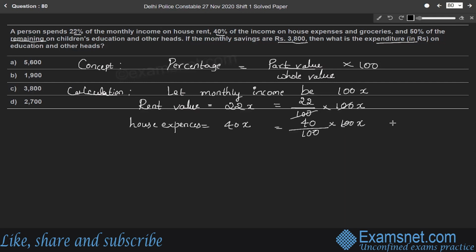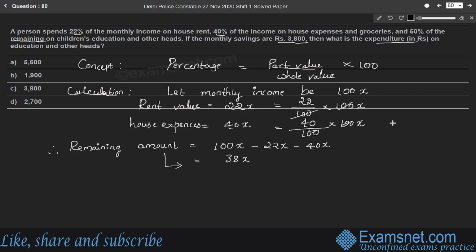Therefore, the remaining amount will be 100X minus 22X for rent minus 40X for house expenses, which is equal to 38X.